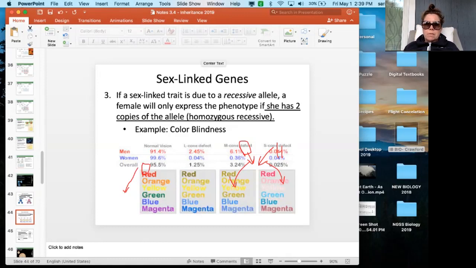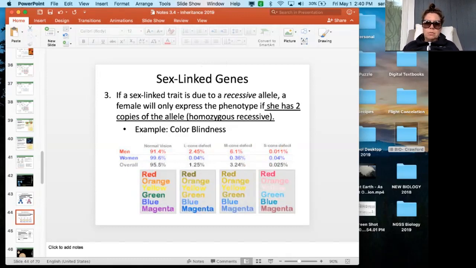So more rules about sex-linked genes: if it's due to a recessive allele, that's super, super important, then the female can only get it if she gets 2 affected X's. In other words, if she's homozygous recessive for the X allele.